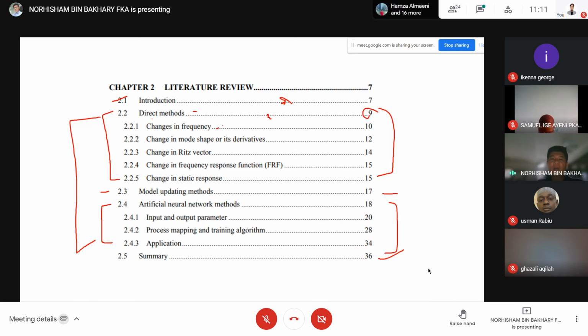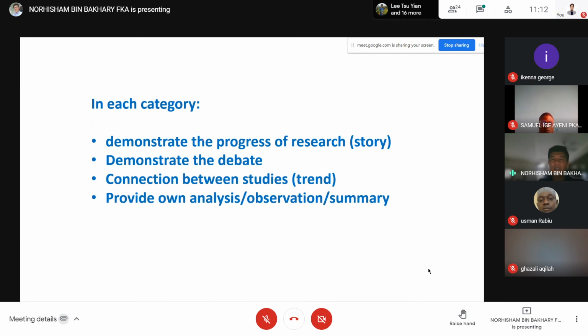In each category, you must be able to demonstrate the progress of the research from before up to the current one. And then you must be able to give the debate: this one improves that one, or this one doesn't agree with that one. This is what we call critical analysis.